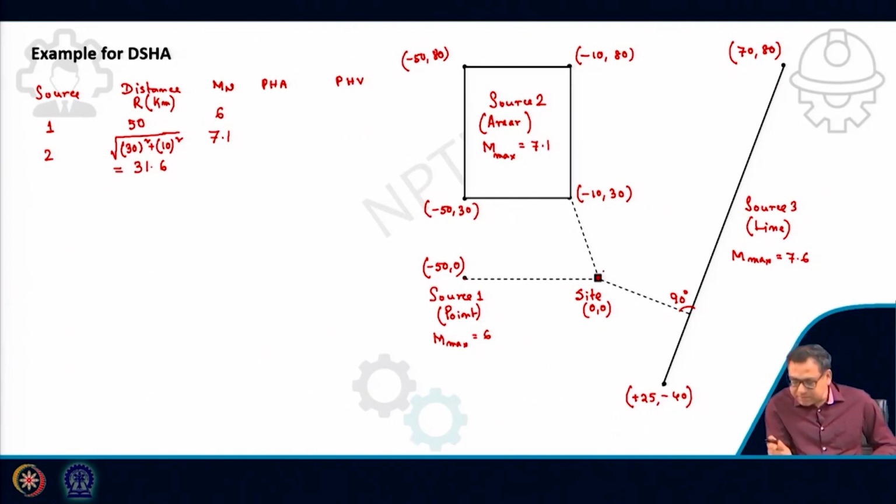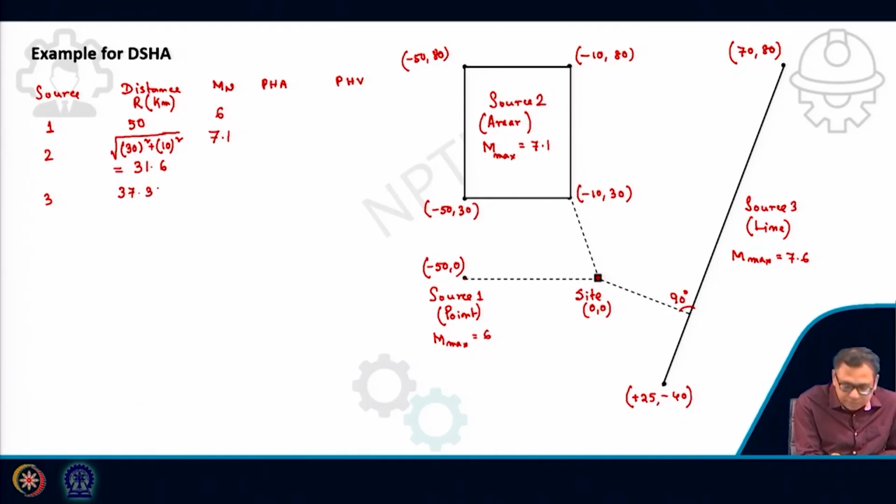Then you measure that perpendicular distance in the scale drawing and convert it to the real value. That value I have determined comes out to be 37.34 kilometer, and its possible earthquake is 7.6.